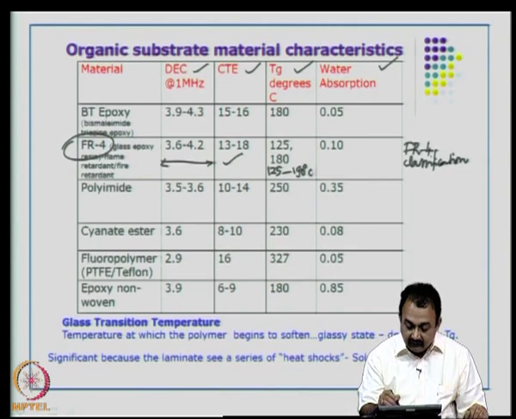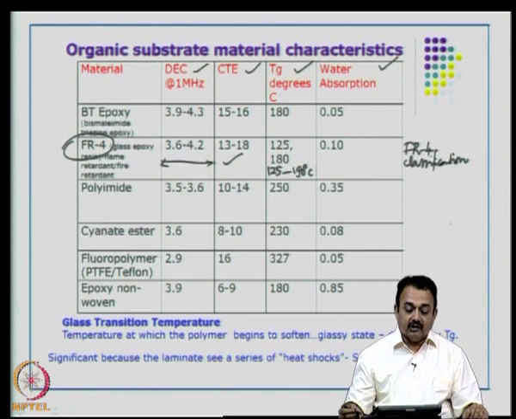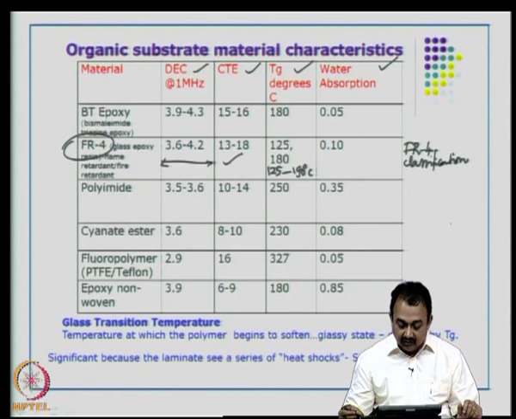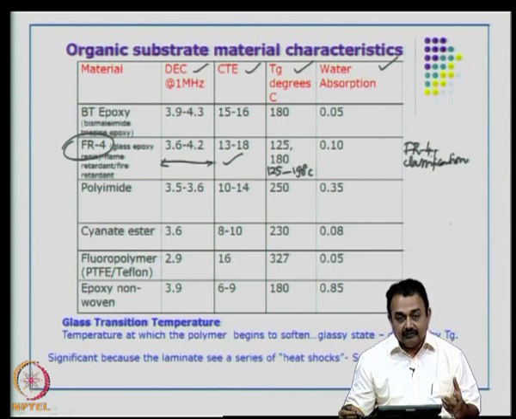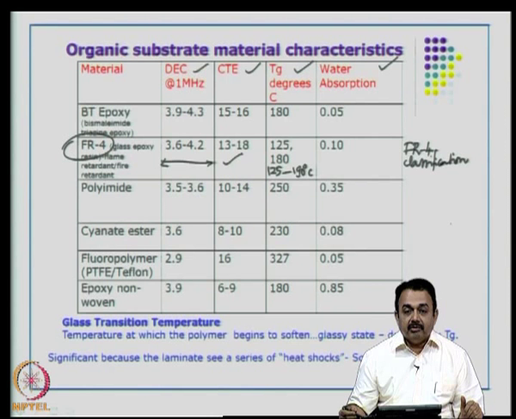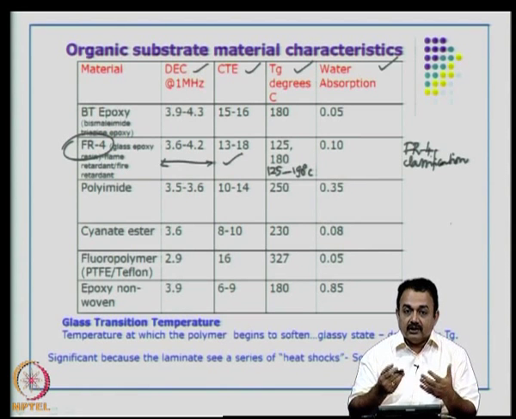In fact, the glass transition temperature is the temperature at which the polymer in the material begins to soften. It begins to become soft and it enters into a glassy state. So, that temperature is very critical because that can change the properties of your core substrate.